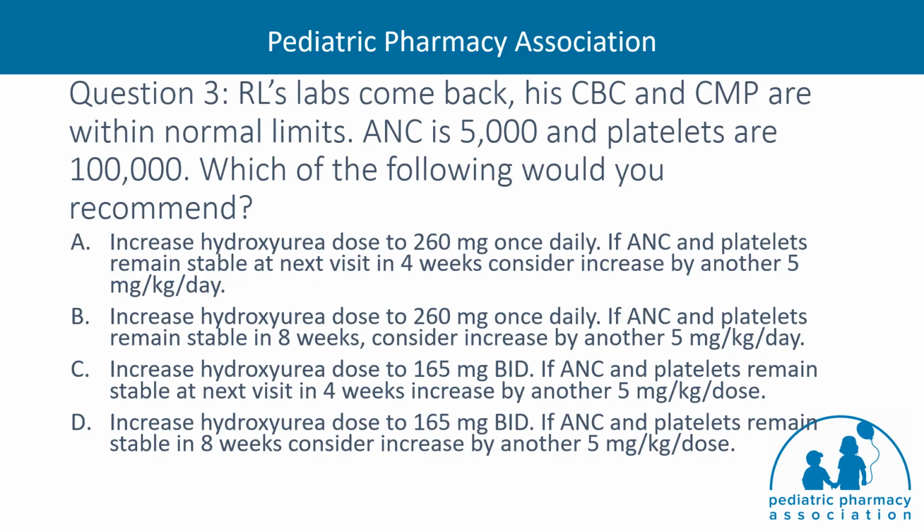Question 3. His labs come back and his CBC and CMP are within normal limits. Today his ANC is 5,000 and his platelets are 100,000. Which of the following would you recommend? Again, I will let you read through these answers and I'll give you about 45 seconds to do so and choose the correct one. If you need more time, please go ahead and pause the presentation.